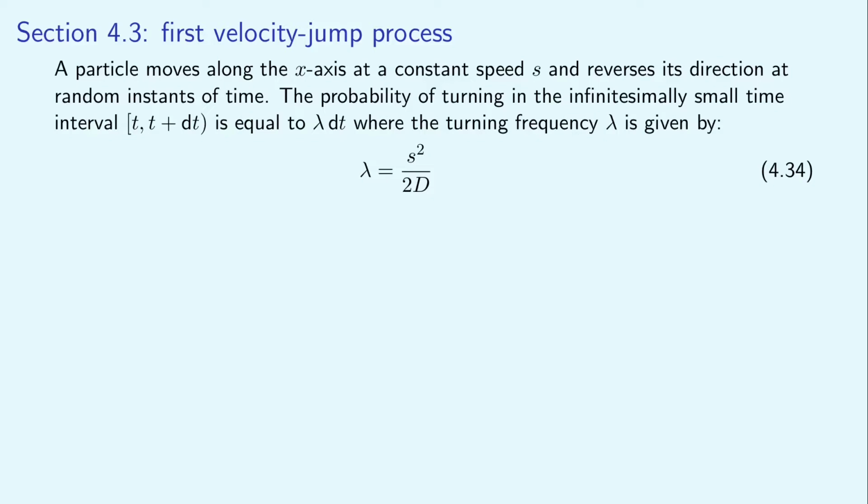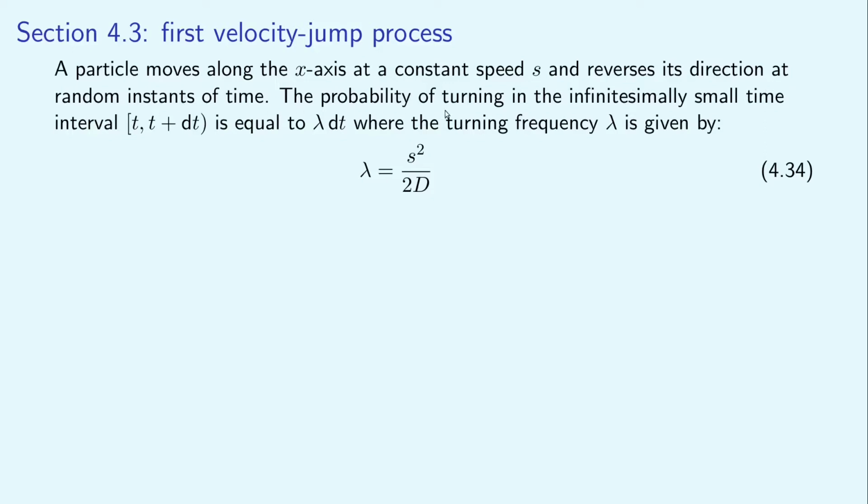In our first velocity jump process, the velocity of the particle will only take two values, positive and negative s, where s is the speed of a diffusing particle. Thus, the particle moves along the x-axis at a constant speed s and reverses its direction at random instants of time.